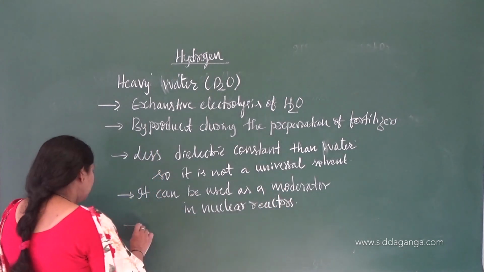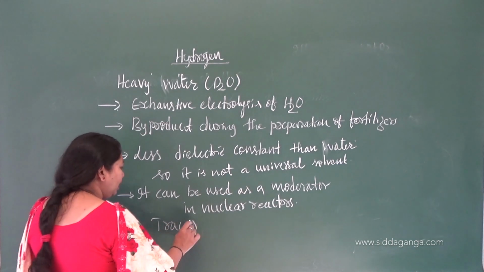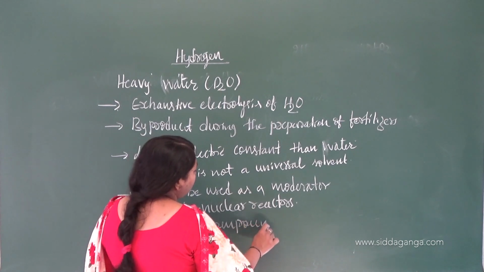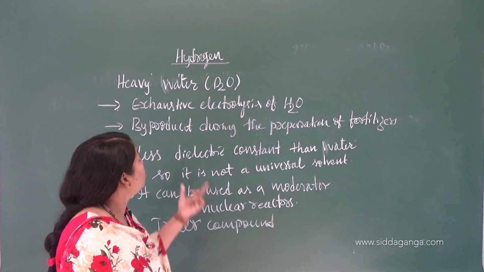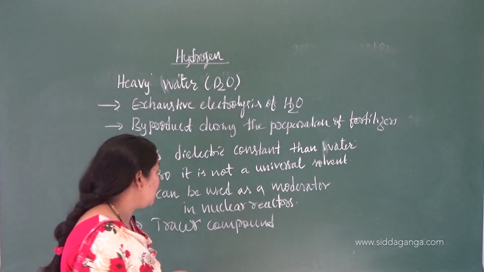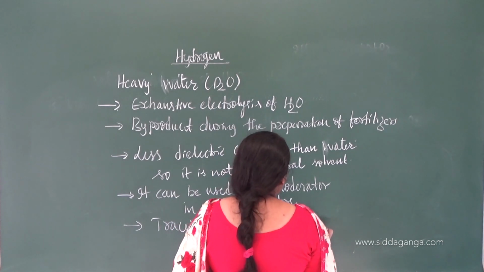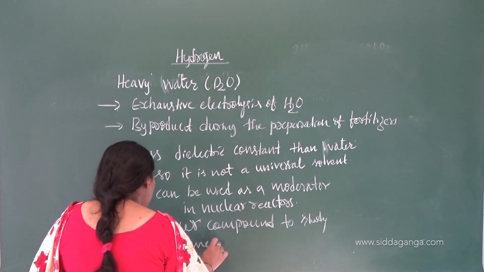Also this heavy water can be used as a tracer compound. What is the meaning of that? Whenever you want to study the reaction mechanism, during that time you can use this heavy water as a tracer compound to study the mechanism of reactions.